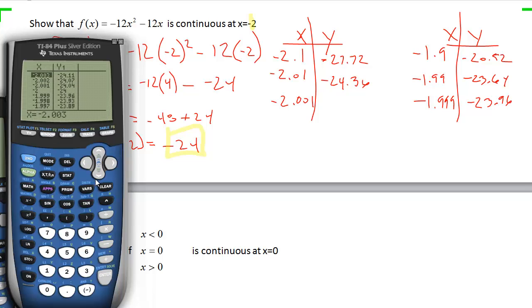At negative 2.001, I'm at negative 24.04. So again, what am I looking for? As my x value gets closer and closer to negative 2, as I approach it from the left and from the right, my y value, the output, gets closer and closer to negative 24. Indeed it does. So I verified that this is continuous at negative 2. And let's look at another example.